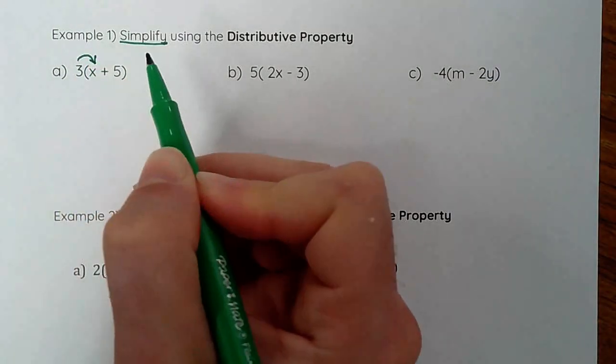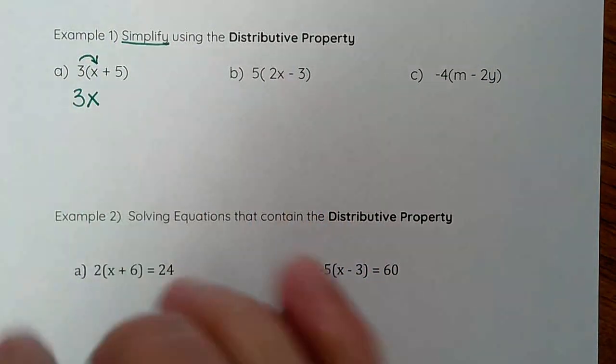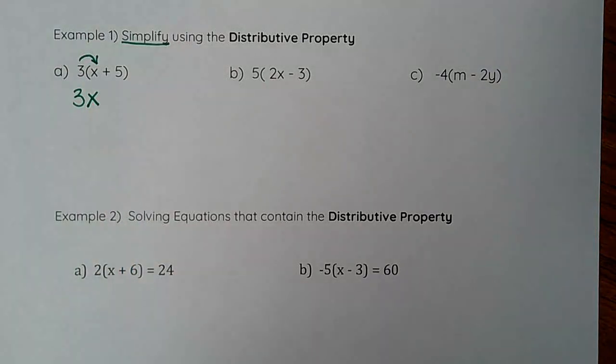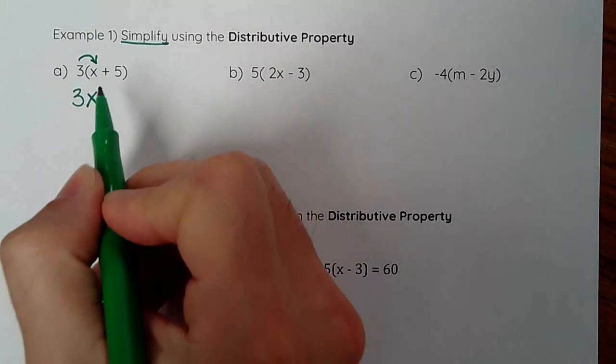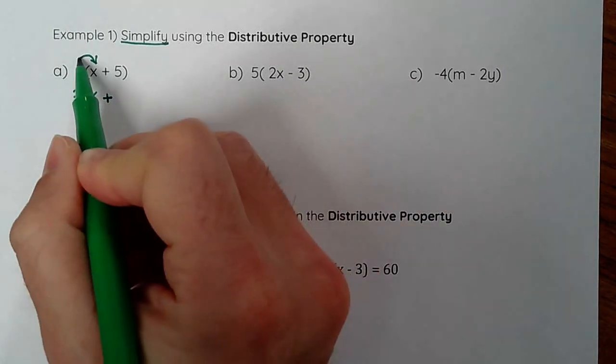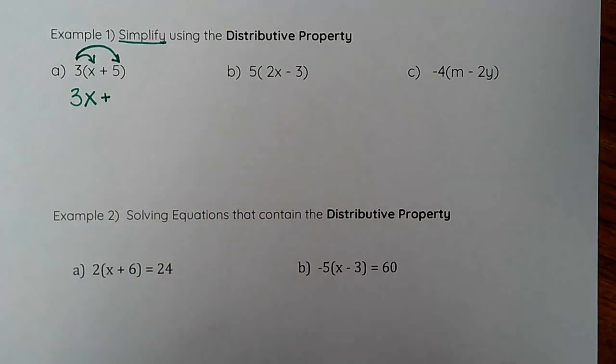3 times x is 3x. When we have a number next to a variable, we have multiplication, just a quick reminder. I'm going to use the addition symbol in the parentheses, and I'm going to distribute the 3 to the second part of the parentheses.